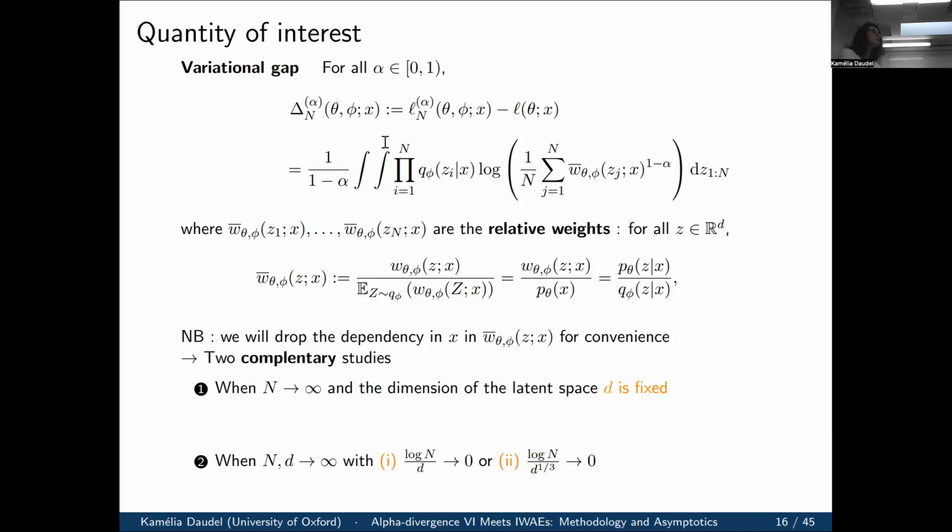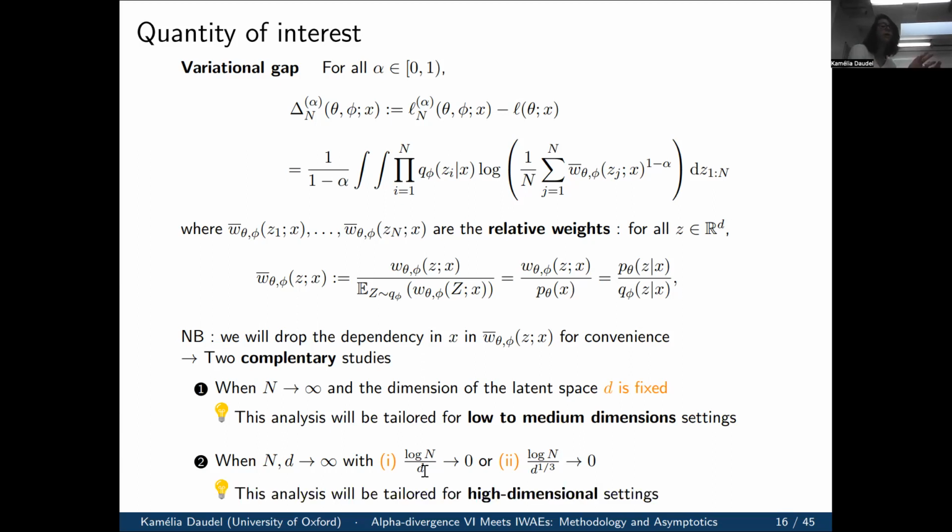My second question is, I've kept D fixed, so what if I look at N and D as they go to infinity? I'm going to specify some regime for N and D: they're going to go to infinity, but under some rules. If you're starting to be a bit tired at this stage, what you need to know is that those studies are complementary because the first one will be tailored to low to medium dimensional settings, so it's an analysis for what happens in low to medium dimensions.